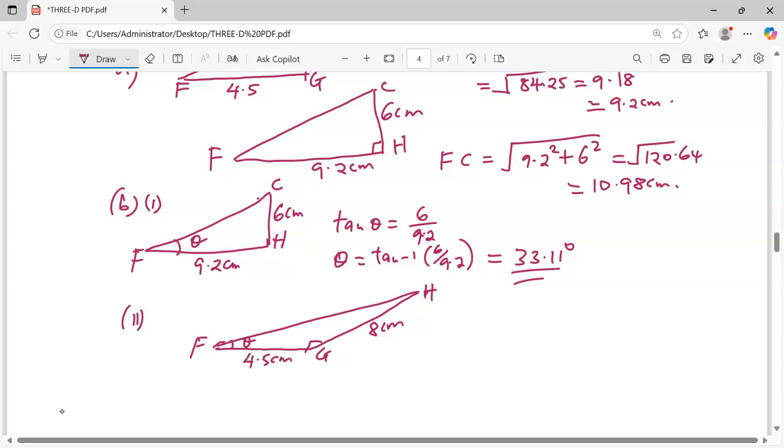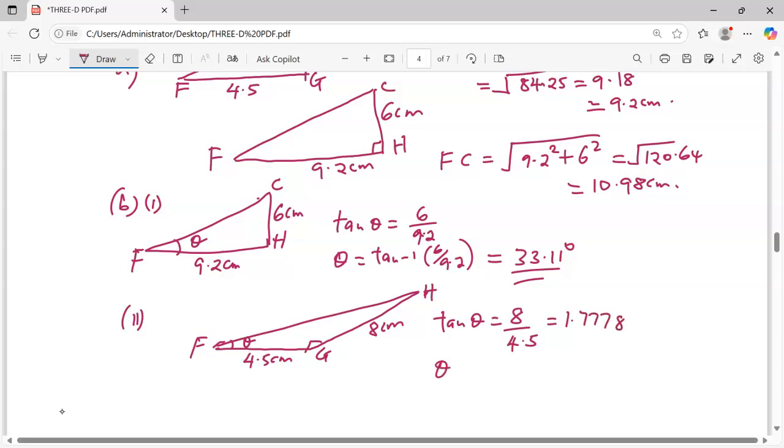Again, if we have to use SOHCAHTOA, we are going to use tan because we have the opposite and adjacent, where tan theta is going to be equal to the opposite, which is 8 divided by 4.5, and this one is going to give us 1.7778.